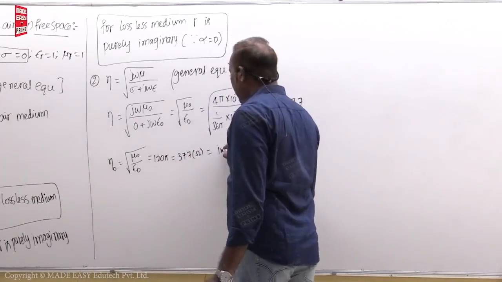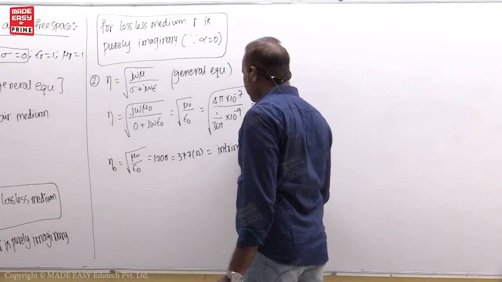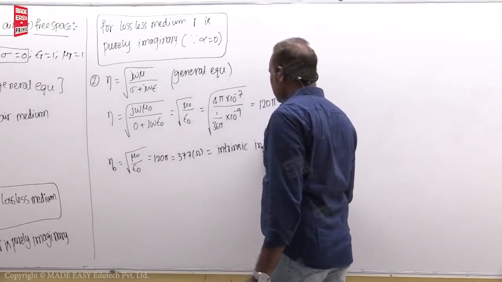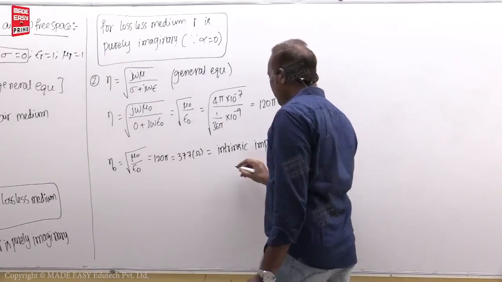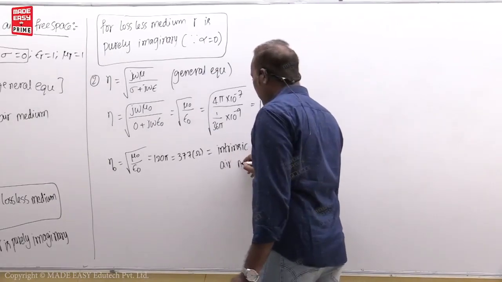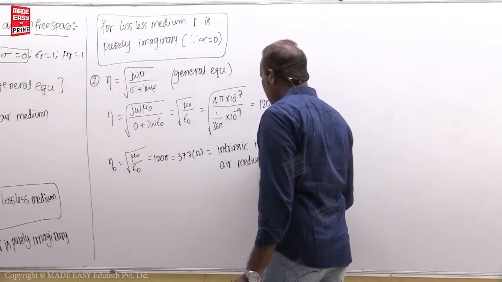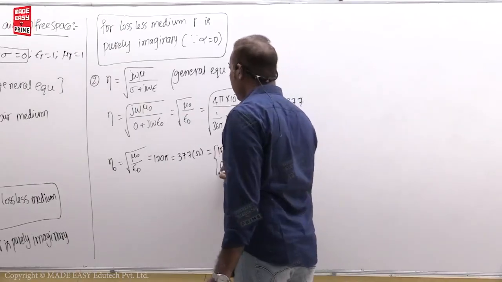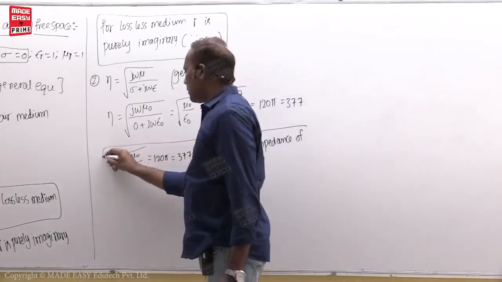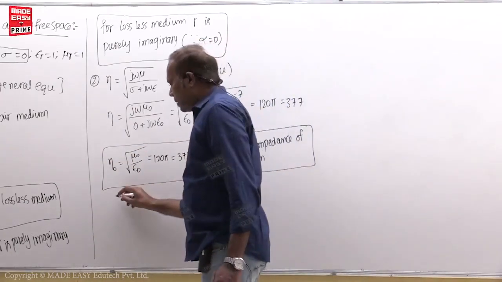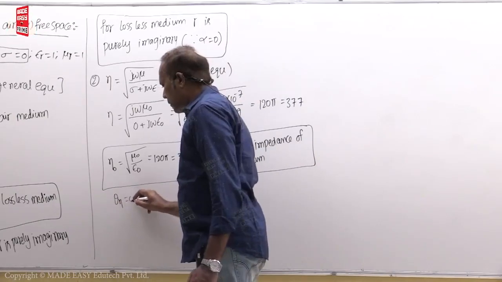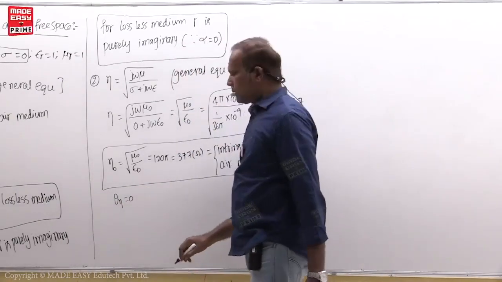It is called the intrinsic impedance of air medium, or otherwise free space medium. You have to remember this one. It is real. That means theta eta is 0. Theta eta is 0.